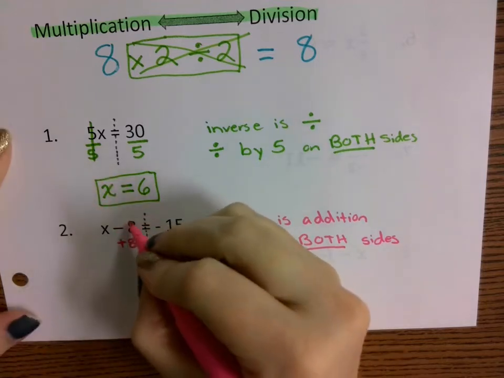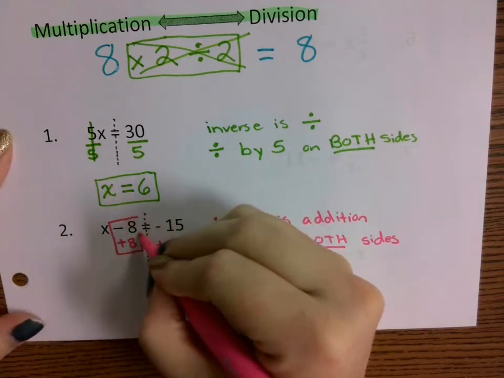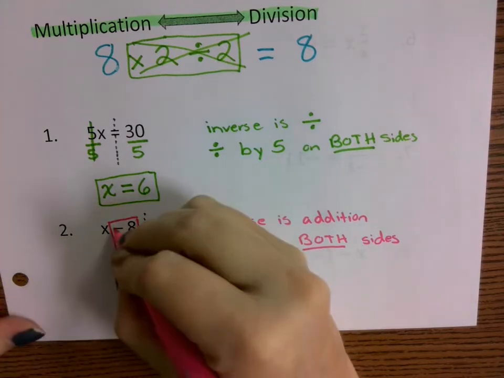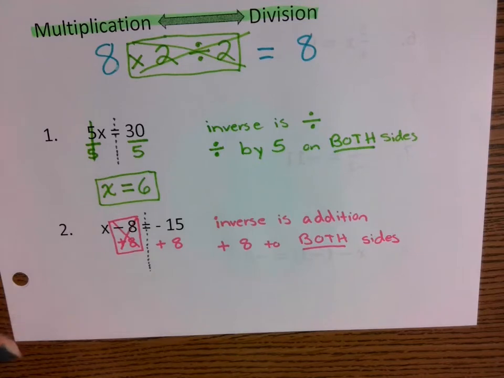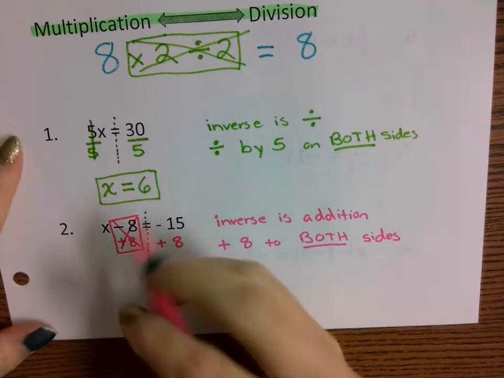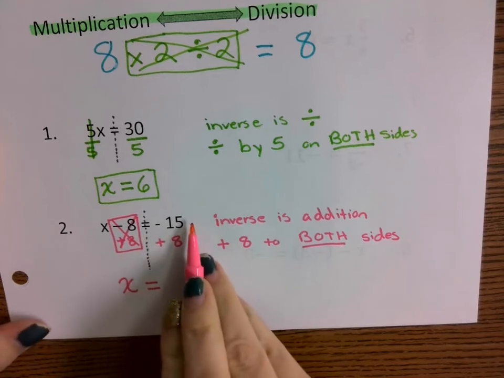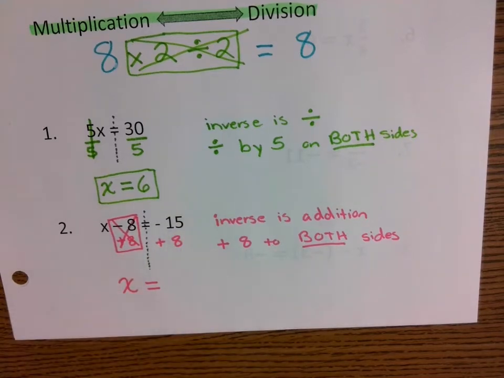So this minus 8 and this plus 8, notice they look like zero pairs. And zero pairs cancel each other out. I can X it out, and I'm left with just my x. Now I need to do negative 15 plus 8. Go ahead and do that right now on your calculator.